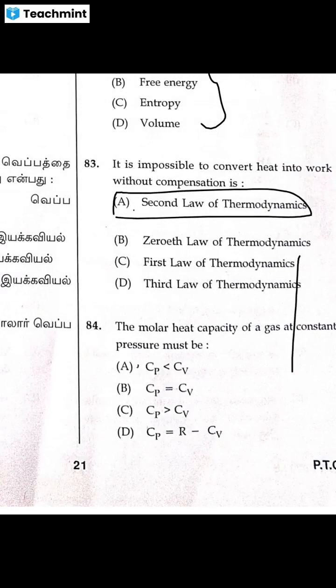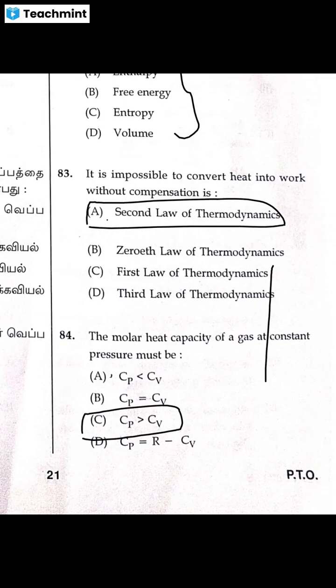Then this is actually how they have given it. If there are monoatomic or diatomic gases, for monoatomic gases Cp is greater than Cv. Okay, in this problem they have not given the molar heat capacity at constant pressure. Actually we have conditions.